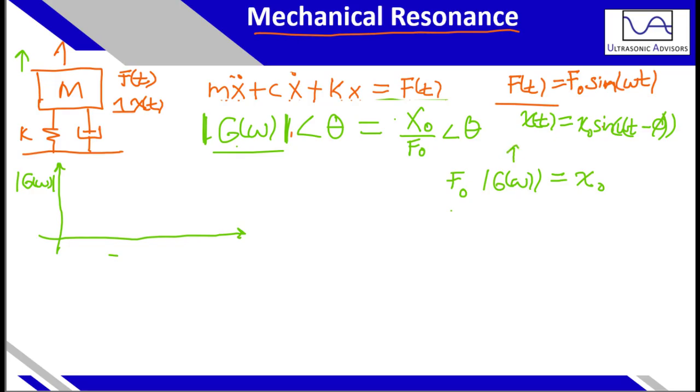So the higher this transfer function is, the larger the amplitude is going to be, according to your input force. So we'll draw our transition frequency, and we'll just draw a point there. We'll draw our low frequency point here and our high frequency point there.